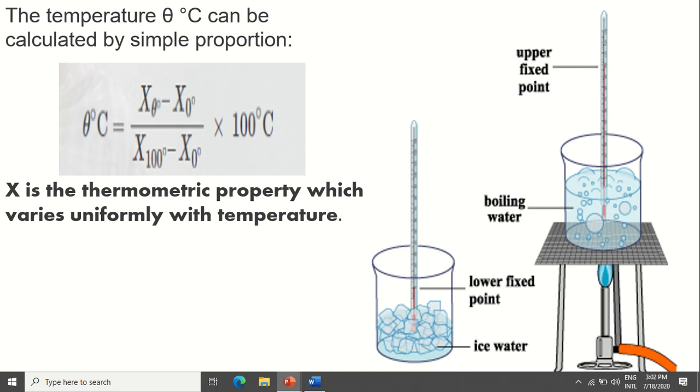So the temperature which we will determine, at first we will write down the thermometric property at that temperature, then subtract the thermometric property at 0 degree Celsius and divide it by thermometric property at 100 degrees Celsius minus thermometric property at 0 degrees Celsius, and it will be multiplied by 100 degrees Celsius to convert the temperature into centigrade scale.